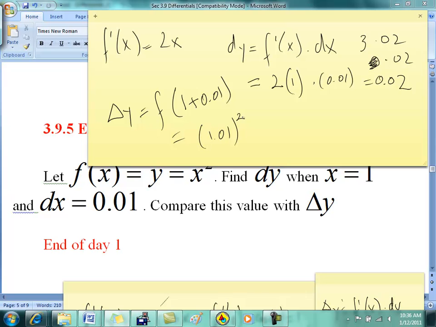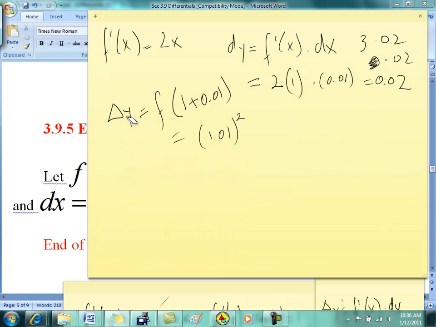Actually, delta, I take that back. Give me a minute. Let me erase this stuff. Remember, delta y is the change. It's not the function value, it's the change.